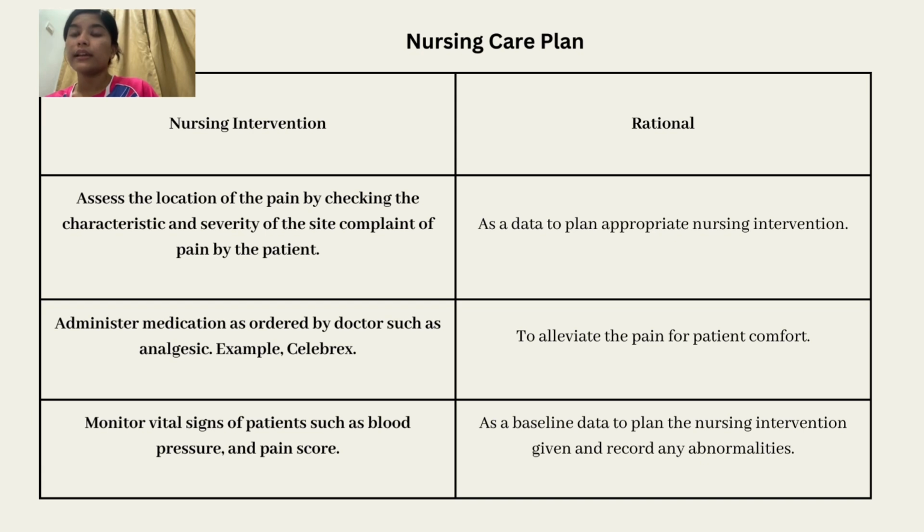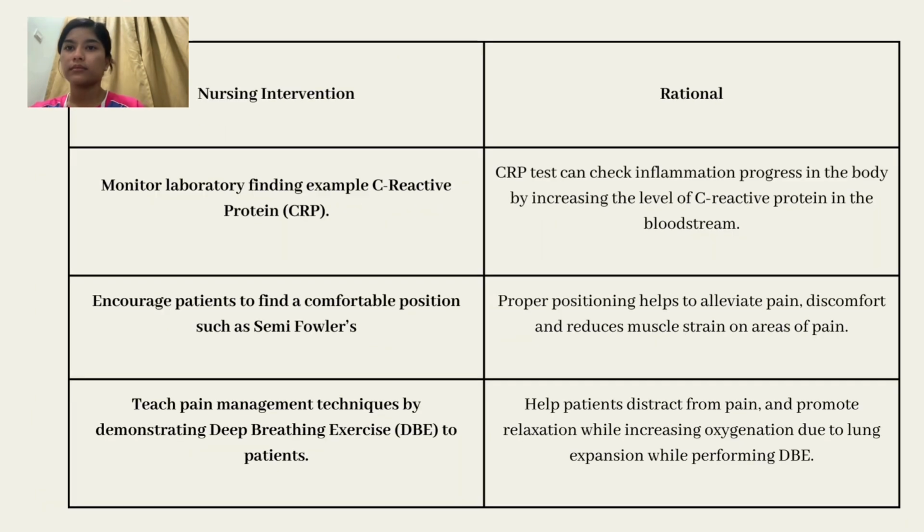Then the third one, we monitor vital signs of the patient such as blood pressure and pain score. This is as baseline data to plan the nursing intervention given and record any abnormalities of the patient. Next, we monitor the laboratory findings, for example C-reactive protein test, because this test can check the progress of inflammation in the body.